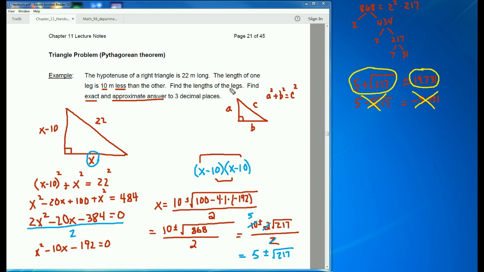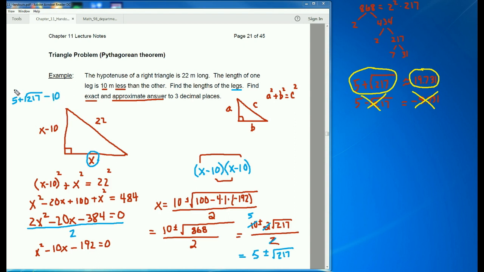Notice that it says to find the lengths of the legs, in other words, both of them. Okay, so we know what x is now, so now we just have to find out what x minus 10 is. Well, we know that x is 5 plus the square root of 217. And we just want to know what x minus 10 is.